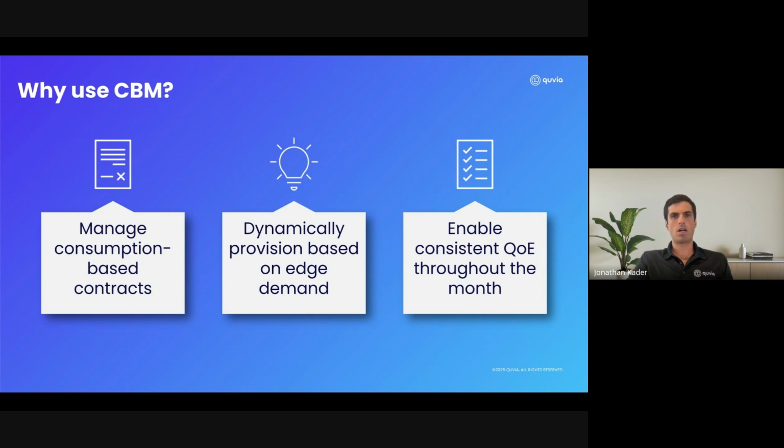So to wrap this up, right, NCC and Grid, they're part of the same product family here at Quvia, which is really network orchestration. And network orchestration with, at the heart of it, the quality of experience of the applications and the users who are using that internet.